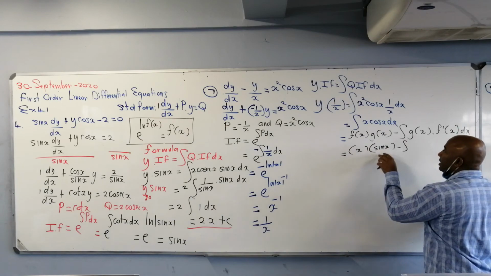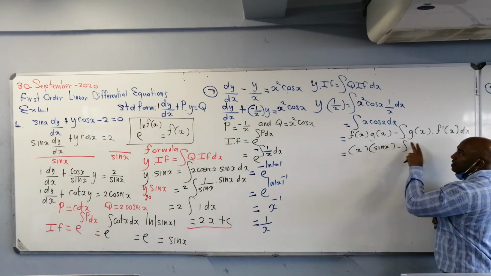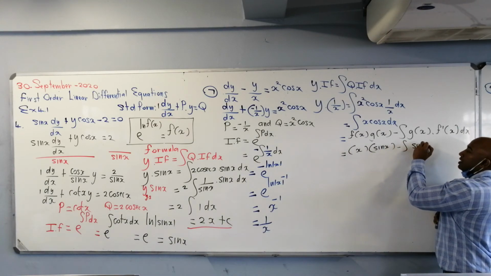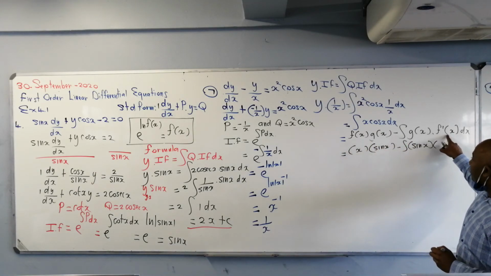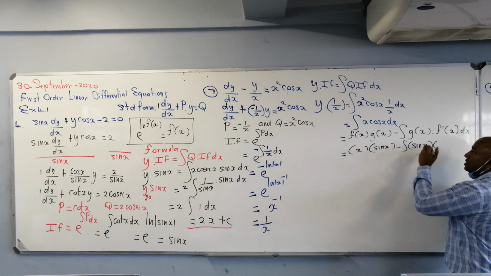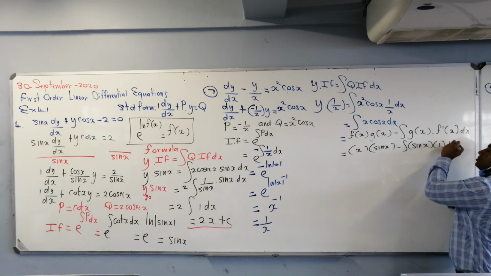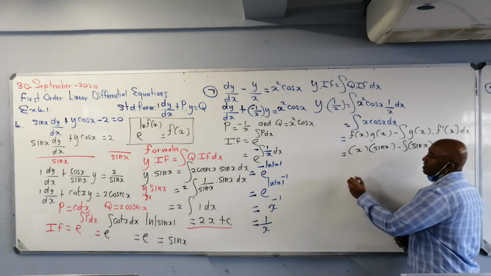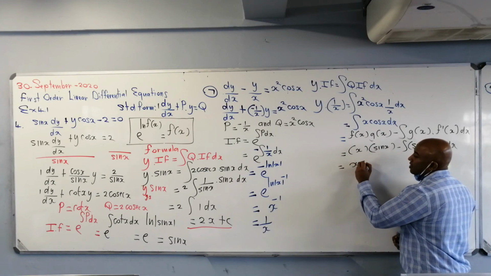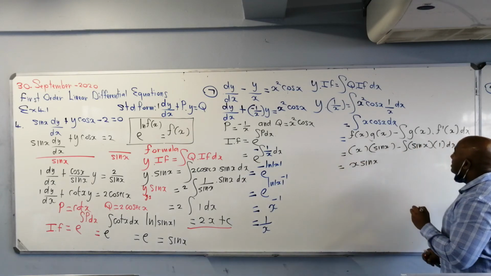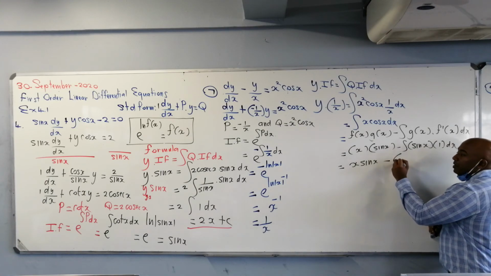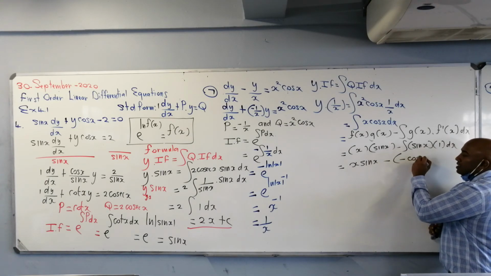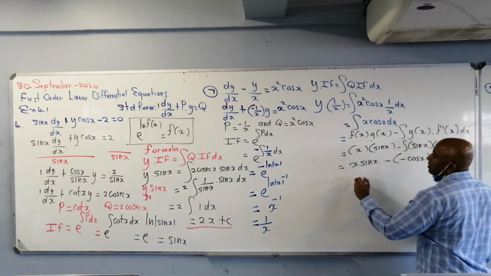Whatever you write down here, you will copy it here. That is your sine x. And if f of x is x, f prime x means differentiate x, which is 1. So that is integration by parts. So that's going to be x sine x minus integrate sine, that will be minus cos x plus c. You're done.